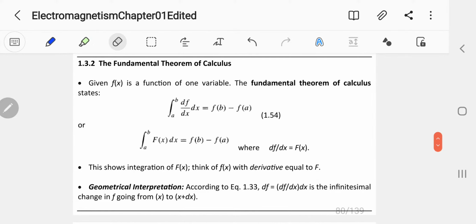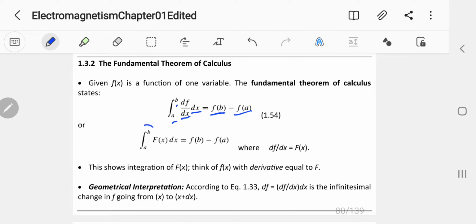If you have a function f of x, in this case a one variable function, the fundamental theorem of calculus states that when you integrate the derivative of a function with respect to x in terms of dx, and by the way, your limit is from a to b, this is just equal to the function f of b, which is the value of f at the final point b, minus the value of f at the initial point a.